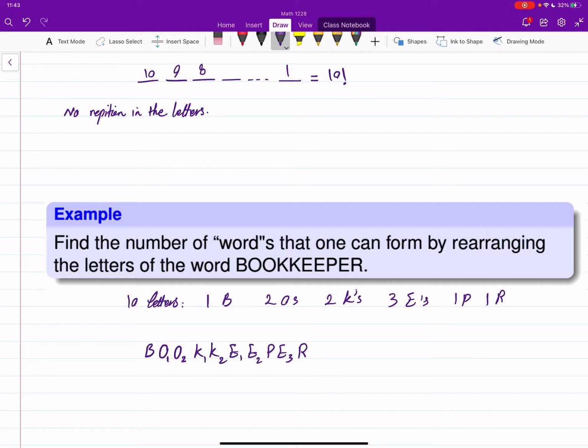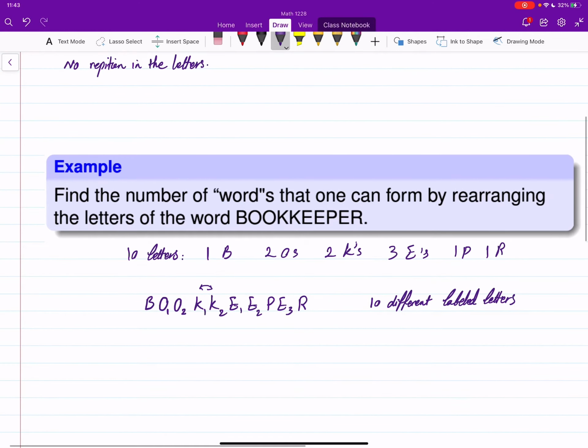Now, if you look at these, you read it as bookkeeper again, but I want you to see that the K's are now different and the E's are different. So now we have 10 different labeled letters, yes? So the number of words we can make with this is going to be 10 factorial.